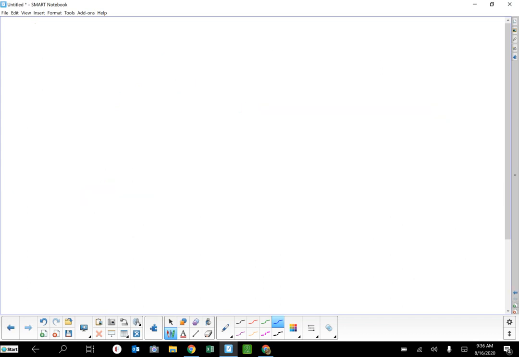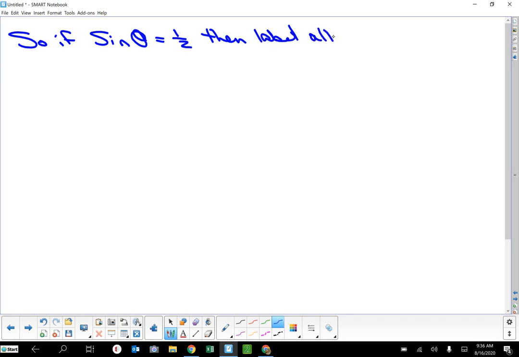So here's how a problem might look. It will say something like, if the sine of theta is 1/2, then label or name all 6 trig functions.